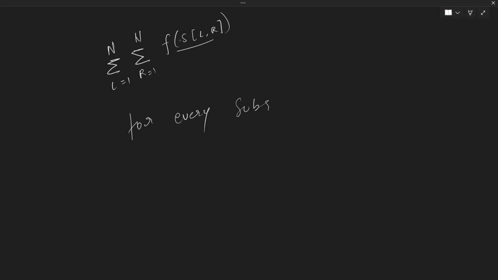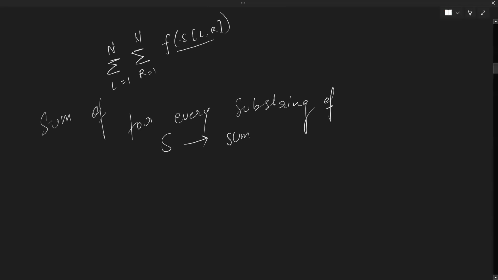Now S is a binary string, so only zeros and ones will be there.